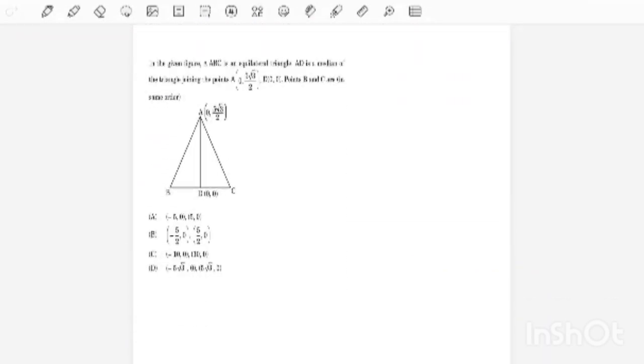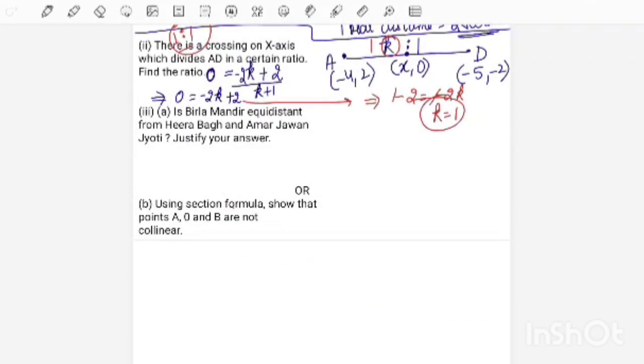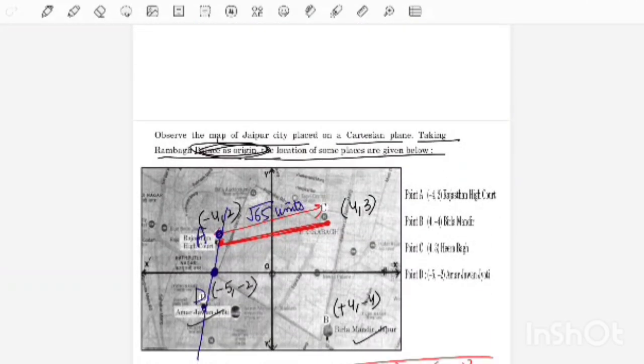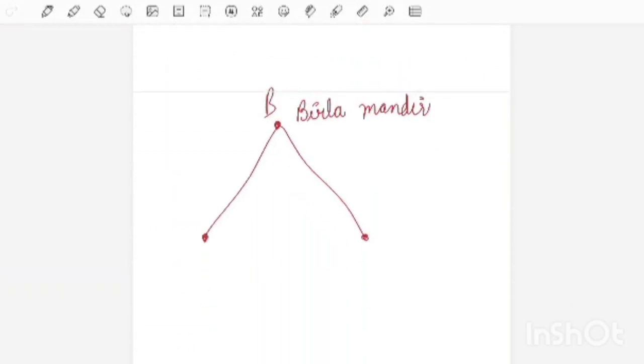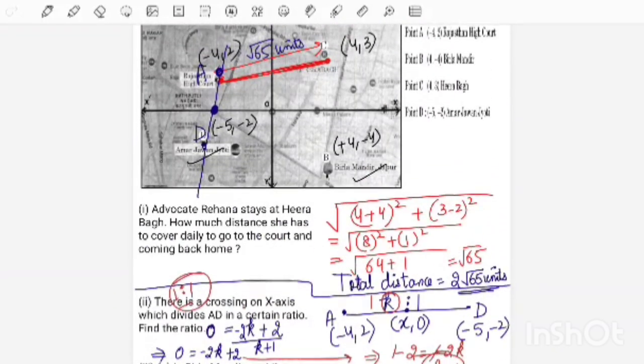Let's move to the empty page. Suppose this is Birla Mandir, denoted as B. We have to check whether it is equidistant from 2 points. What points? Hira Bagh and Amar Jawan, C and D points, right? What are B, C, D given to us?